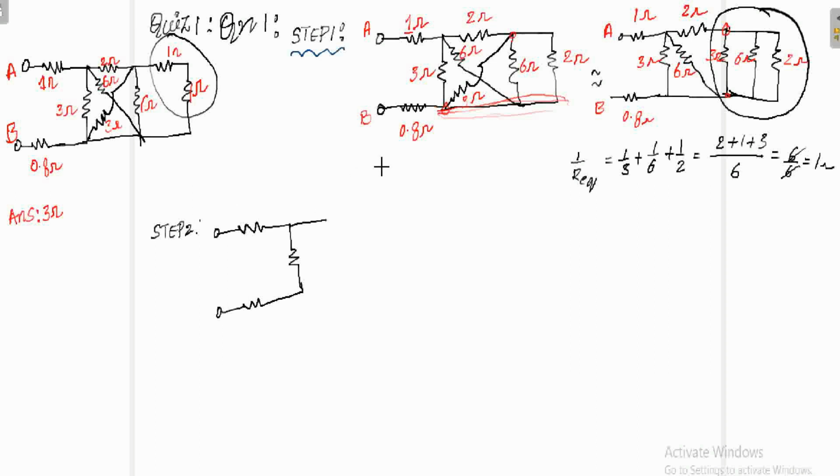So here the 6 ohms is starting from this point and ending at this line. So I can draw this like this also, 6 ohms, and it is 2 ohms. This is your 1 ohm, 0.8 ohm, and this is 3 ohms, and this is the 6 ohms.